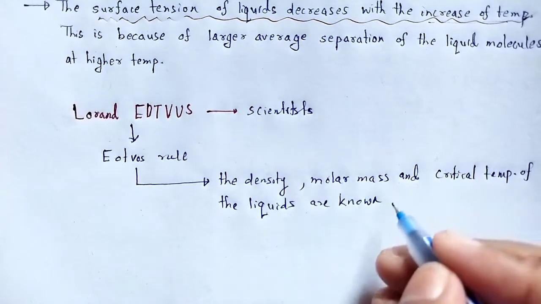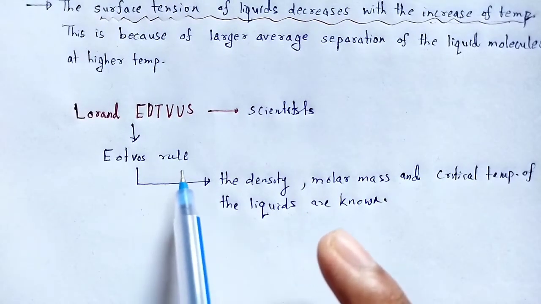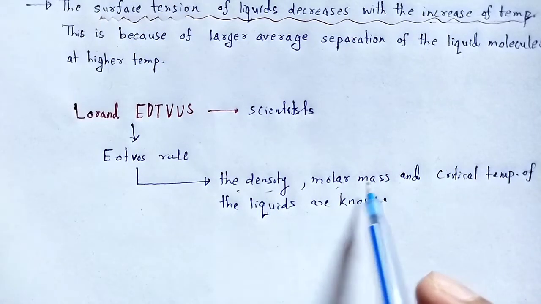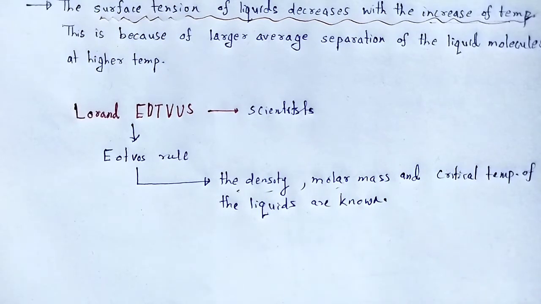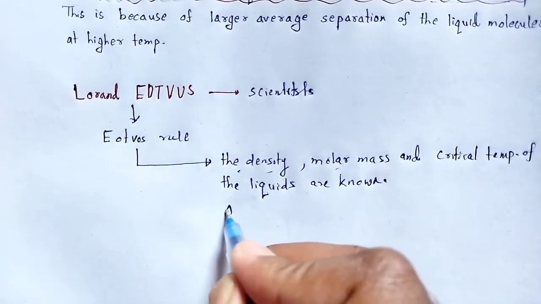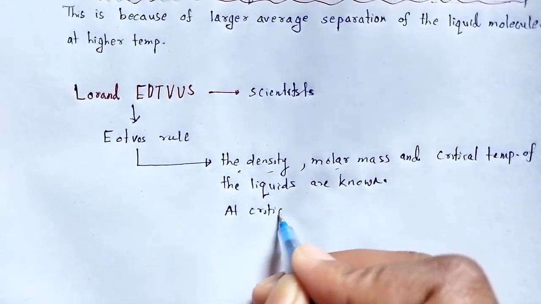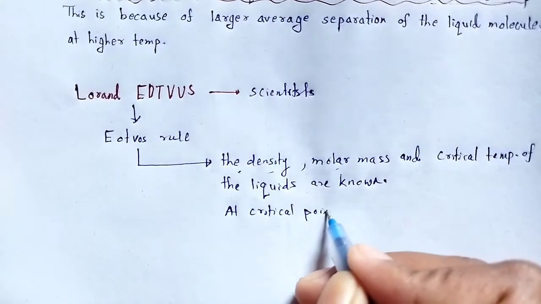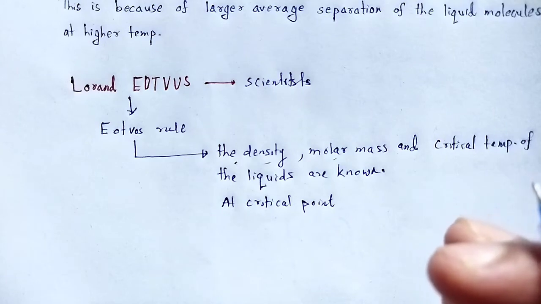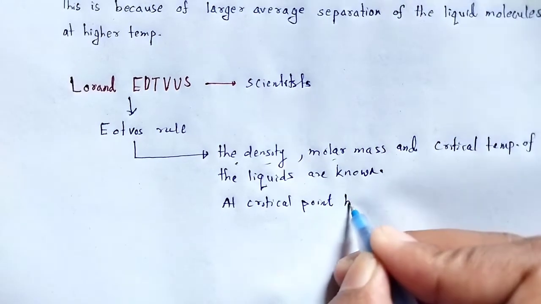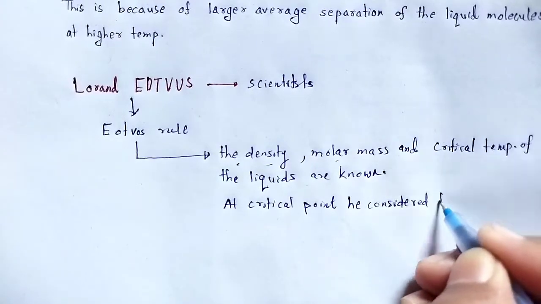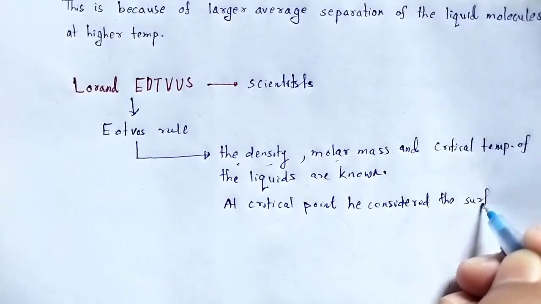At the critical point, according to his rule, he considered the surface tension to be 0.